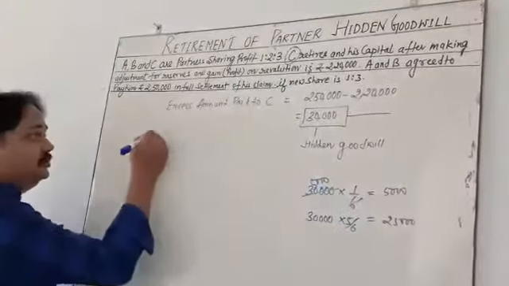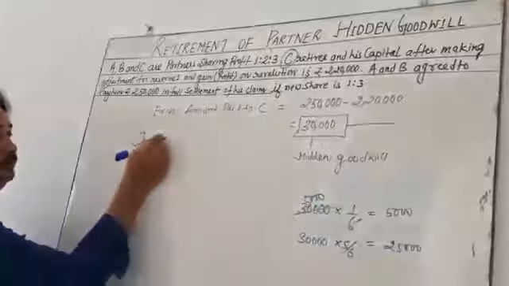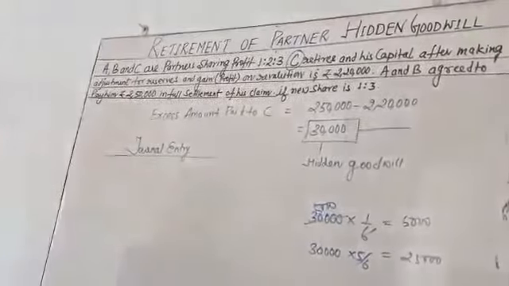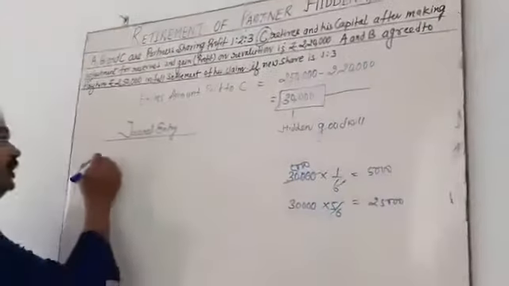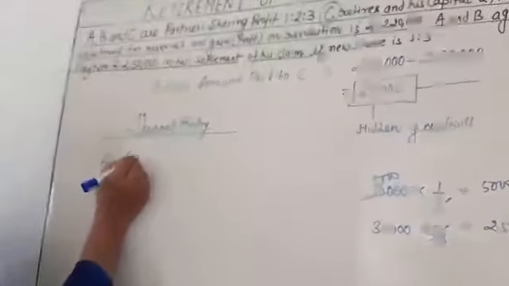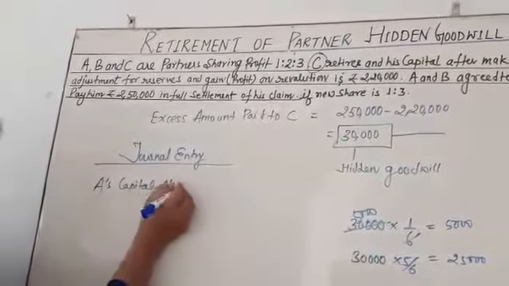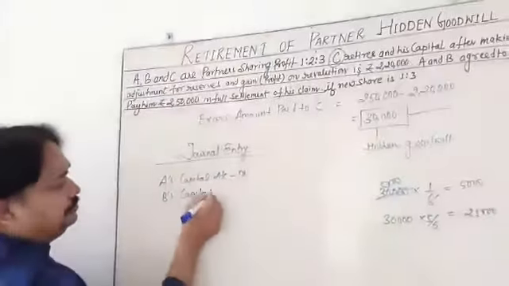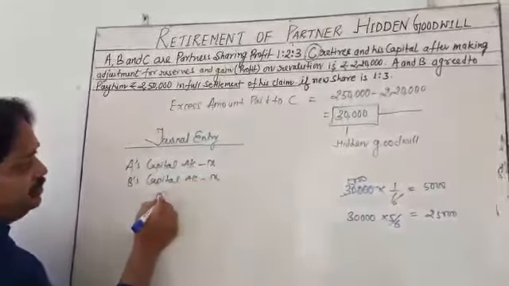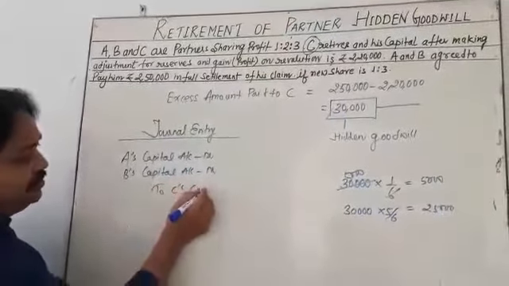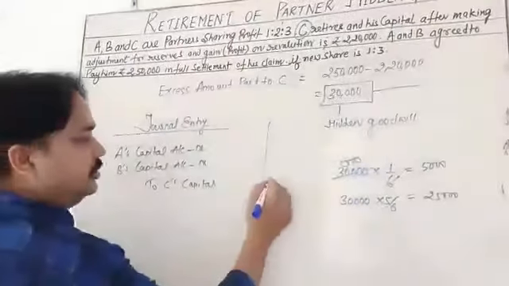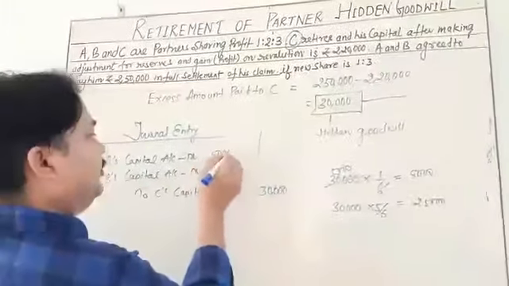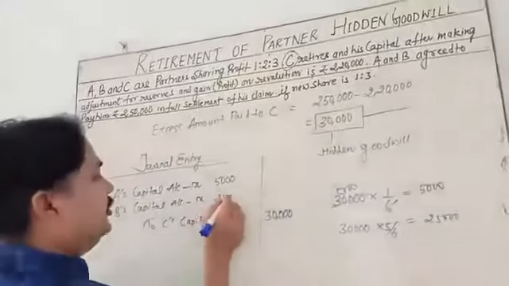What is the journal entry? Who is going to pay? A and B. So A's capital account debit, B's capital account debit, to C's capital account. How much goodwill is here? 30,000 rupees is goodwill, and A is going to pay 5,000. B is going to pay 25,000.